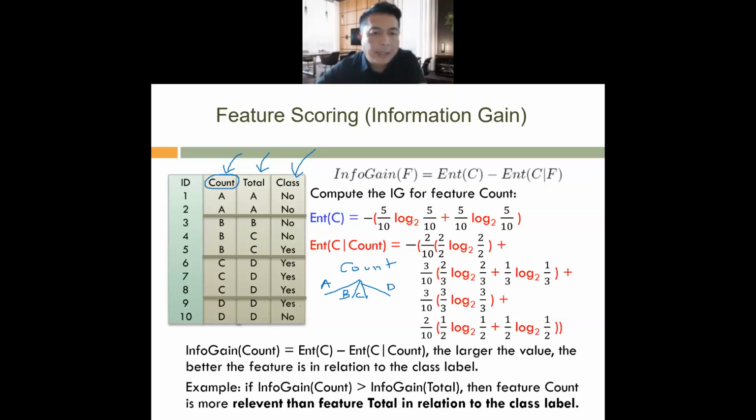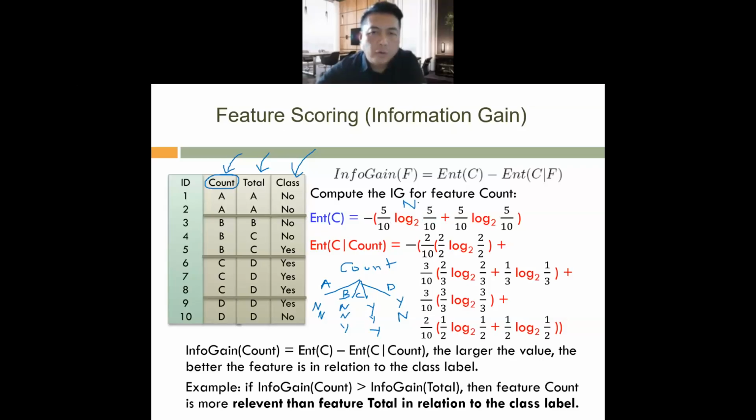Okay, for the A we have 2 no's, and for the B we have 2 no's and 1 yes. And then for the C, we have 3 yeses. And then for the D, we have 1 yes, 1 no. Okay. So the initial entropy will be 5 over 10 log 2 5 over 10.